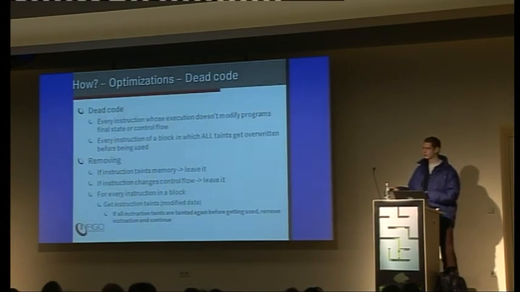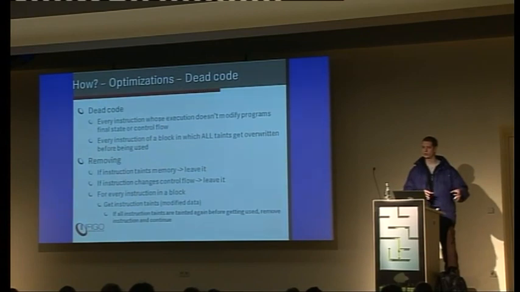For all other instructions, you traverse a basic block and try to find all instructions that don't change program state. If you determine that such an instruction exists, you just remove it from the basic block and continue analysis.